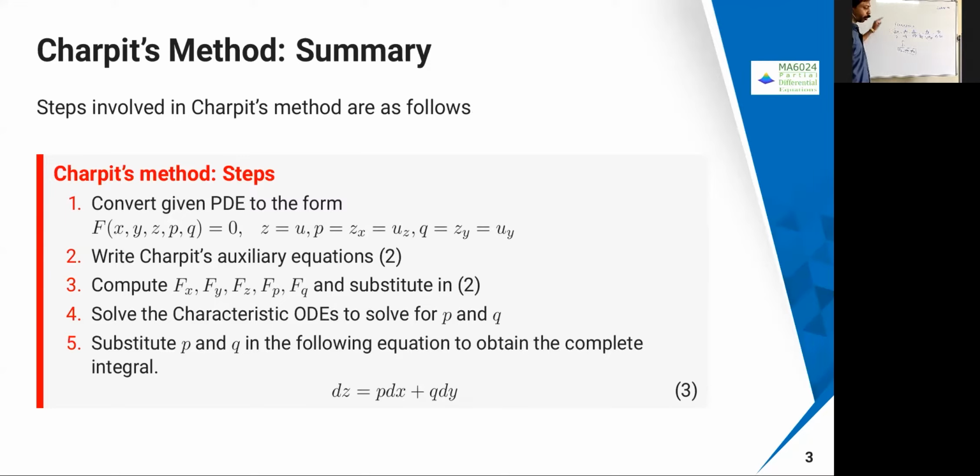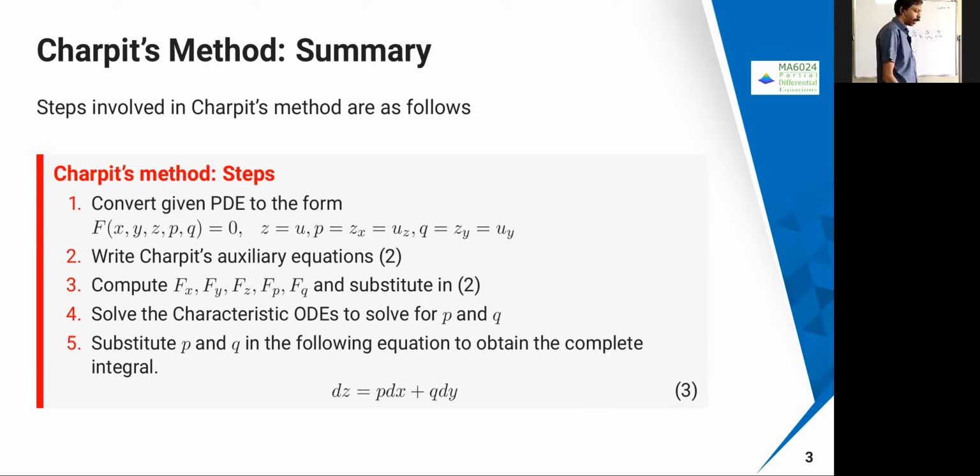Once you substitute, you can eliminate some of the values and find p and q. Once you find p and q, substitute in the third equation and you can find the answer. That is nothing but the complete integral which we have seen.